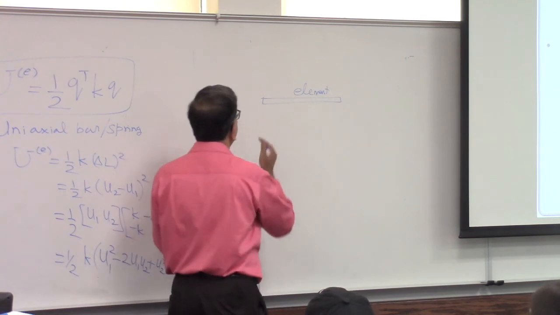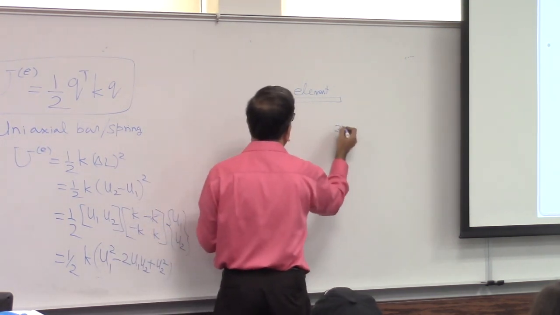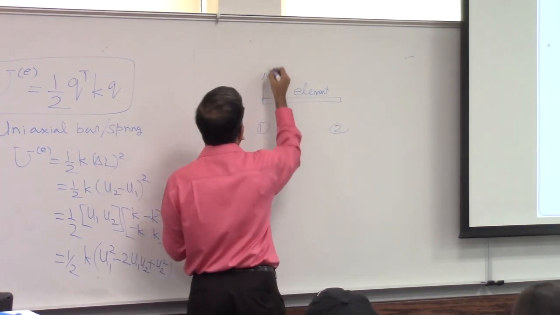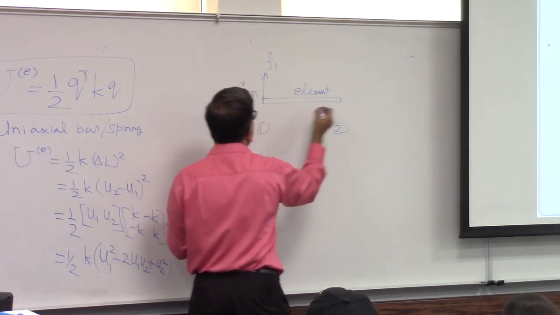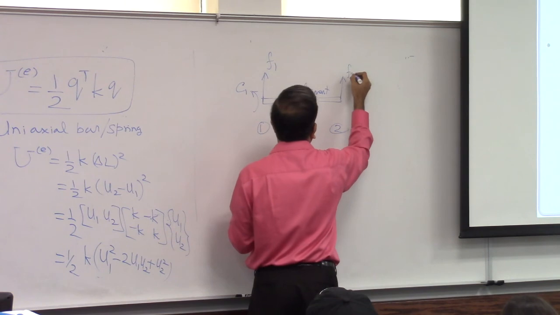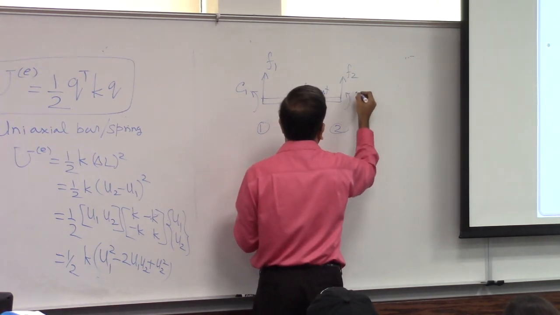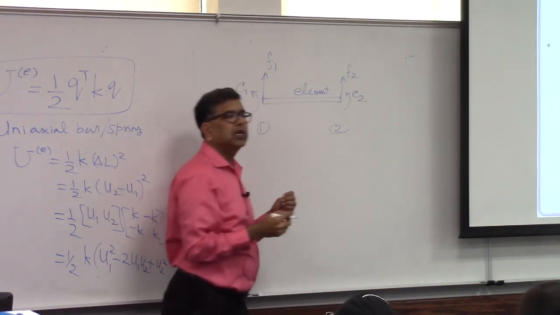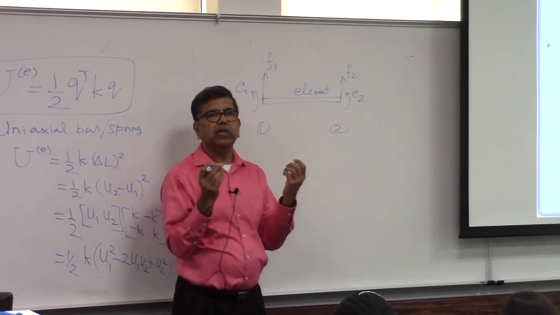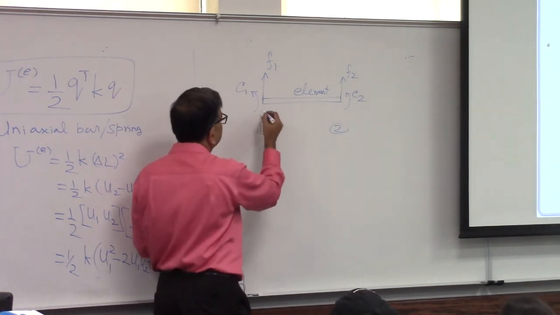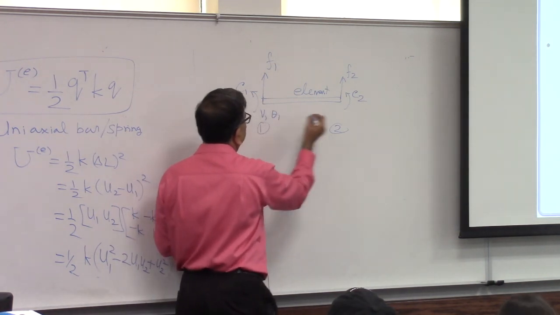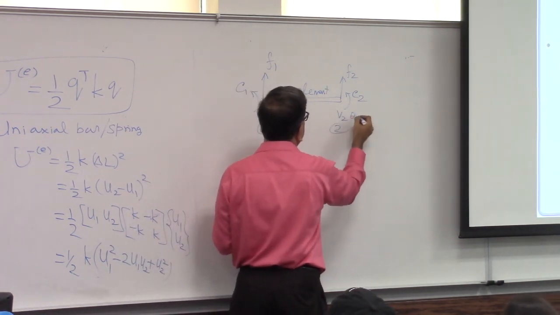In this element, let's say this is node 1, node 2, the forces acting are F1 and a couple C1, the shear force F2, and the bending moment C2. So these are the 4 forces acting on an element, and they correspond to the degrees of freedom V1, theta 1, V2, theta 2.